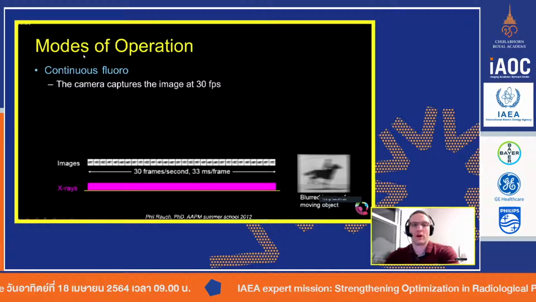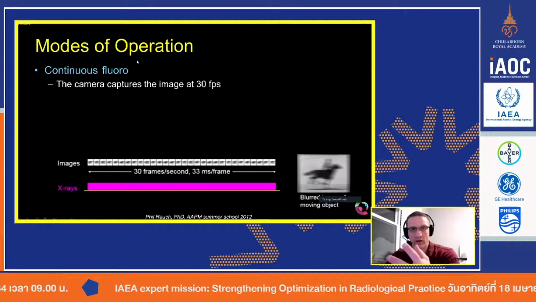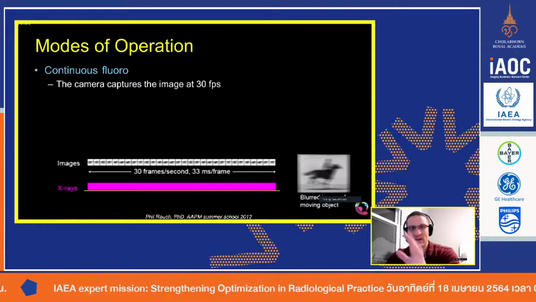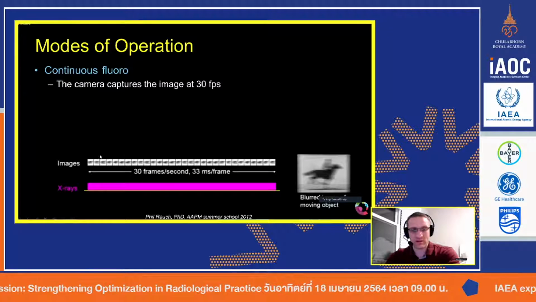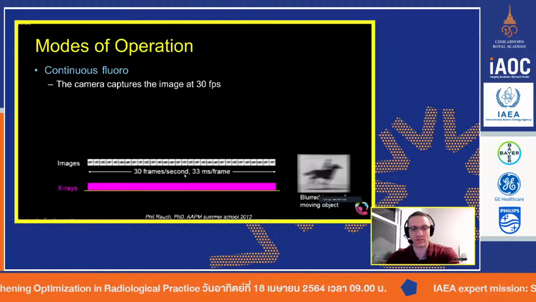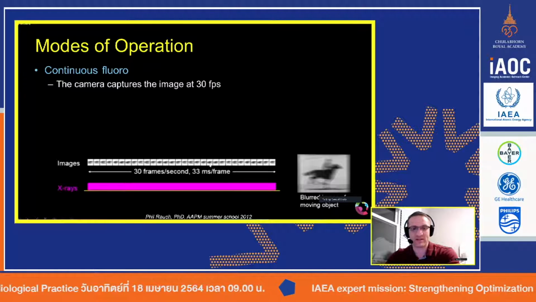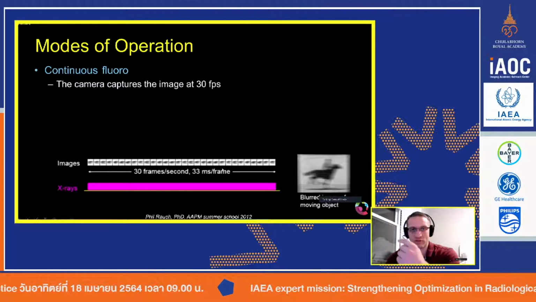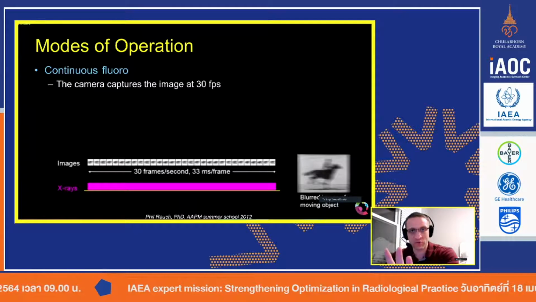The other way we operate a fluoro unit is the amount of images we acquire per second and then display them in real time. Historically, we would do 30 frames per second over 33 milliseconds. This is the standard if you go to the cinema and watch a movie.